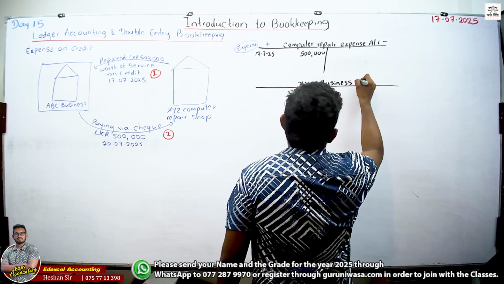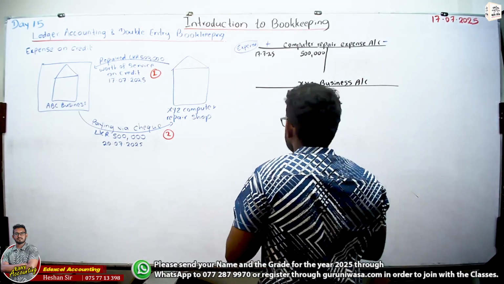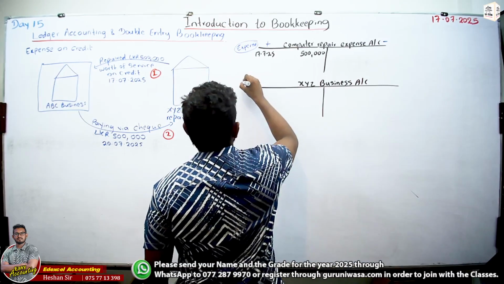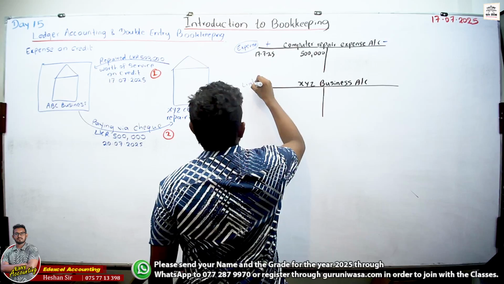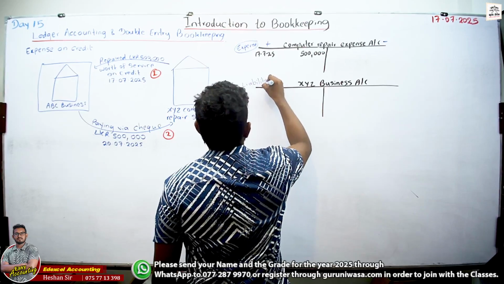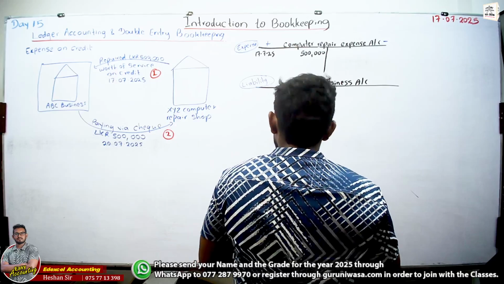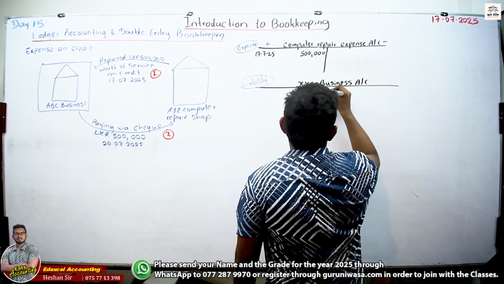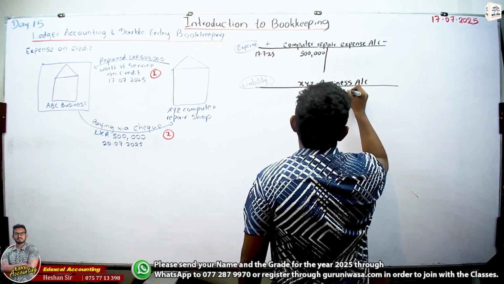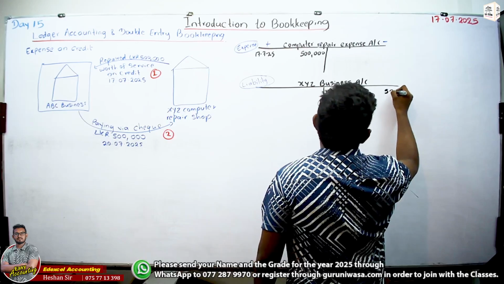Why? Still not paid. So this is a liability, right? 17th July 2025, 500.